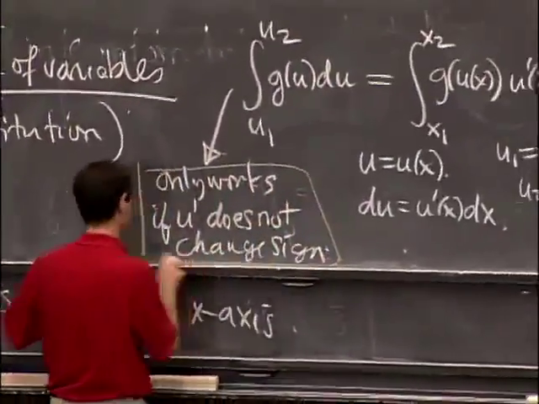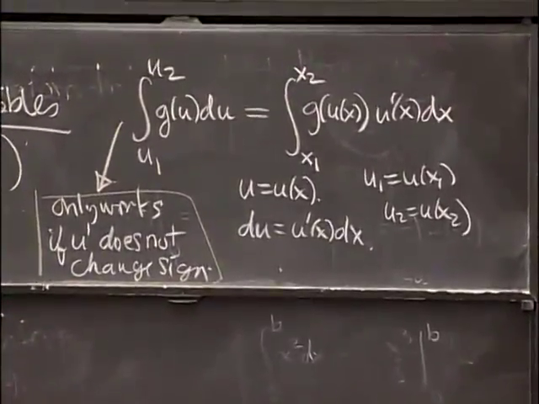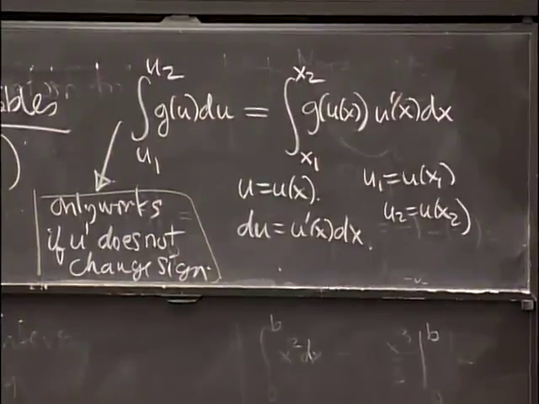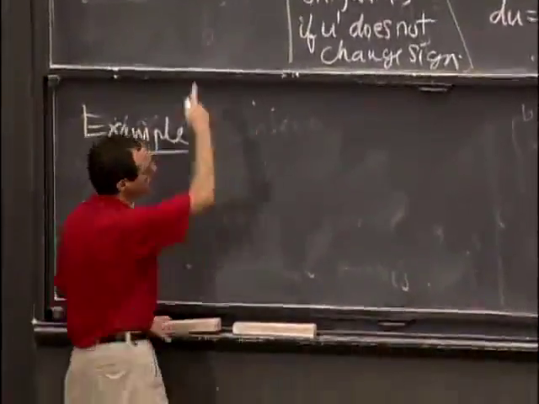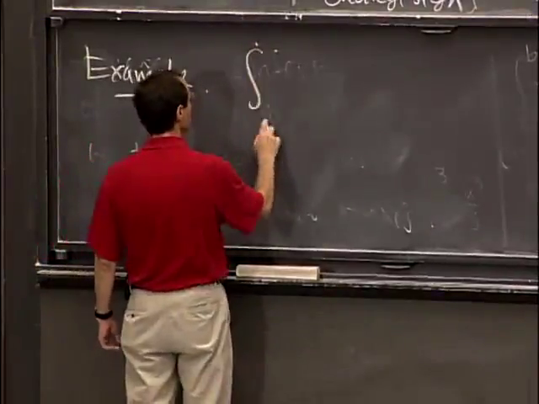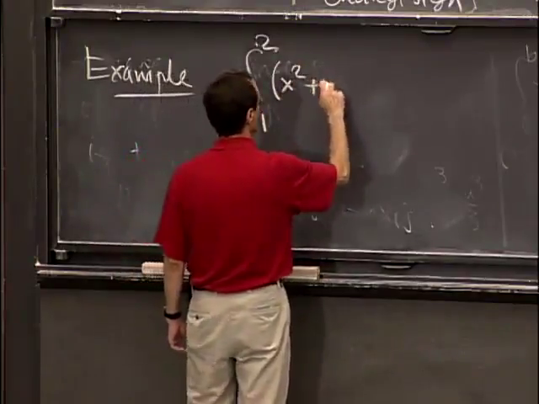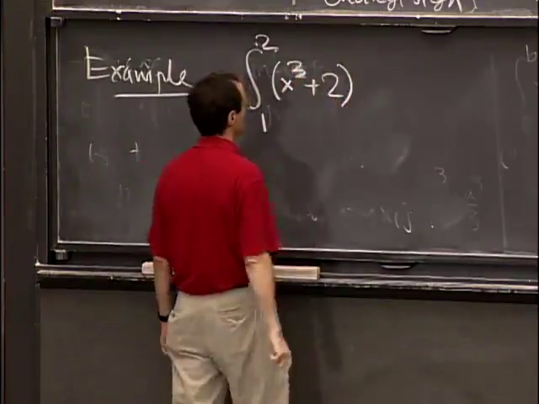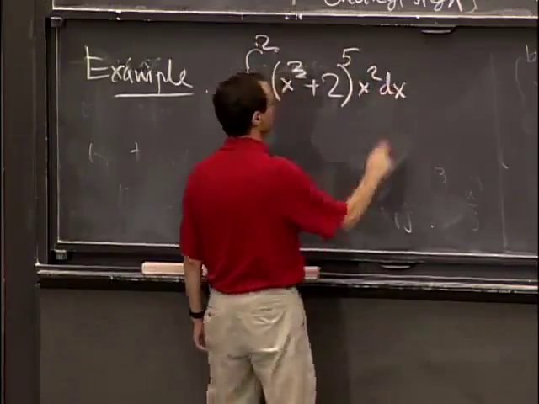All right, let me give you an example. The example will be maybe close to what we did when we first did substitution. So the integral from 1 to 2, this time I'll put in definite limits, of x cubed plus 2, let's say, to the 5th power, times x squared dx.